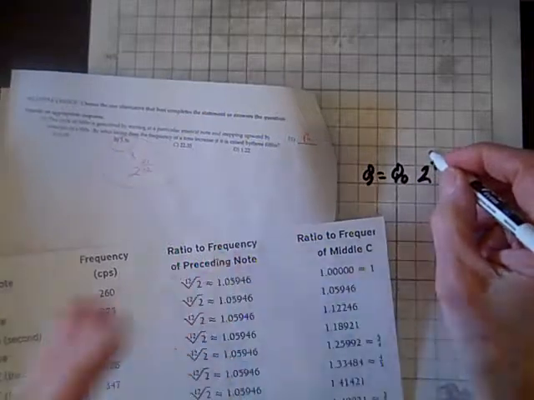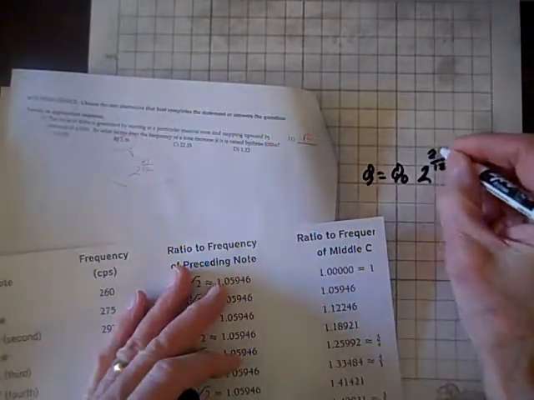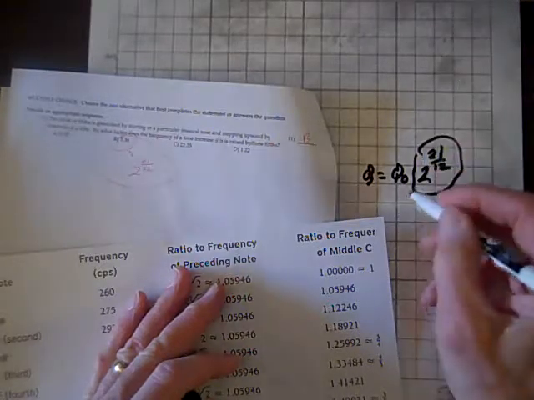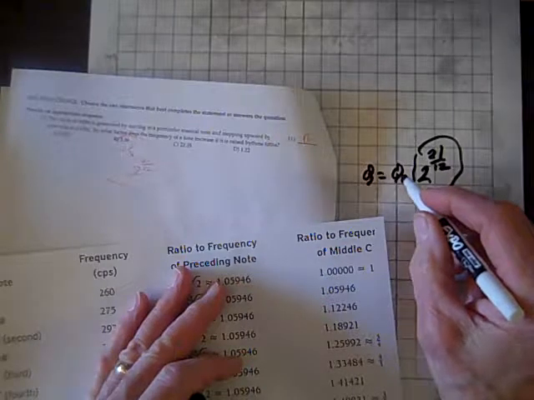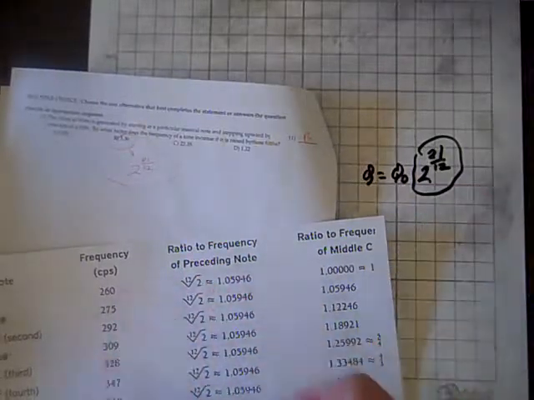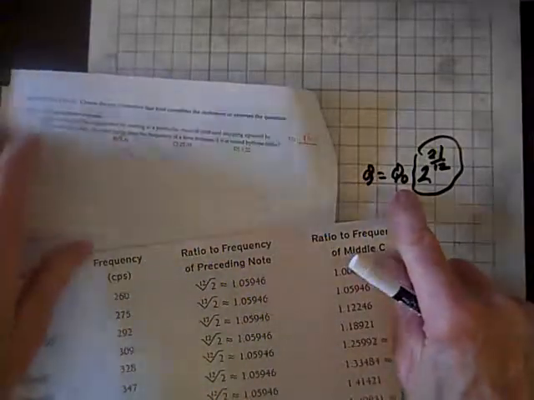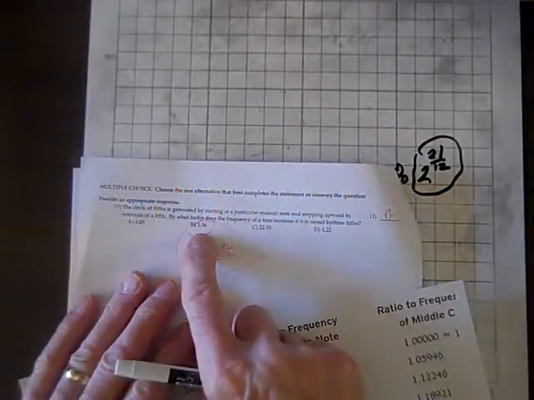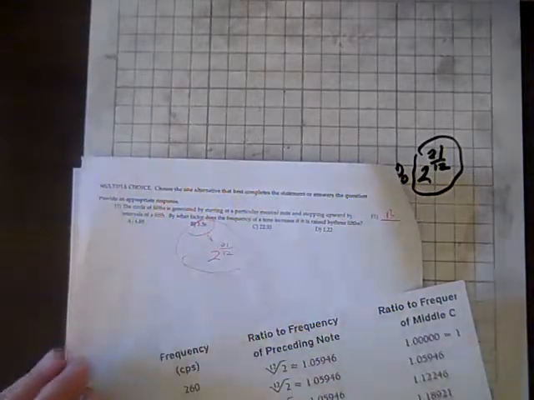Well, there's 7 half steps in a fifth. 3 times 7 is 21. And there's the factor that's going to multiply the initial cycles per second. That's what we're going to multiply those cycles per second by. And it turns out that is B when we carry that out. 3.36. That's the factor. And we're done.